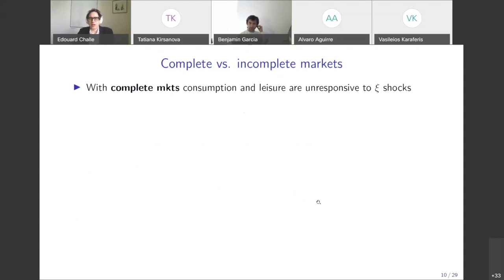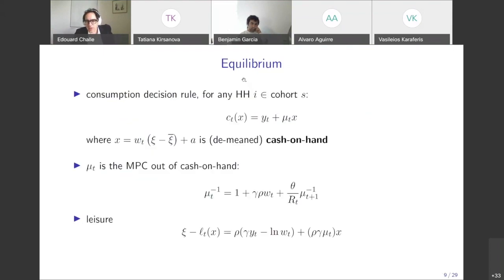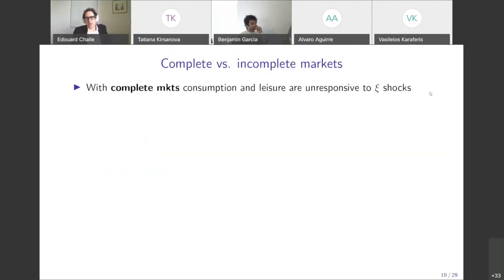So what would happen under complete markets in this economy if those labor endowment shocks were completely insured? In that case, both consumption and leisure would be unresponsive to the shock.